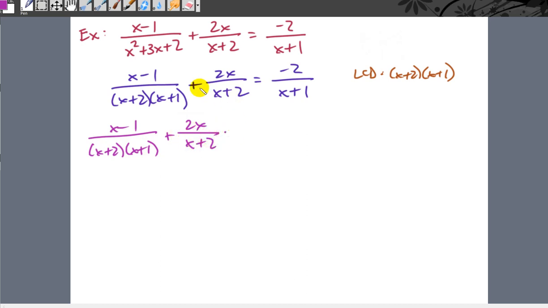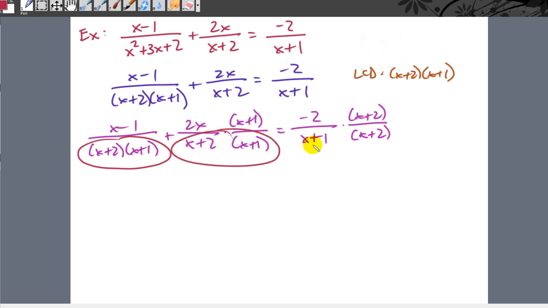We can multiply top and bottom by x plus 1 divided by x plus 1. And then that equals negative 2 divided by x plus 1. We're missing the x plus 2 in the denominator here, so we need to multiply by x plus 2 divided by x plus 2. As you can see here, these denominators are all the same.